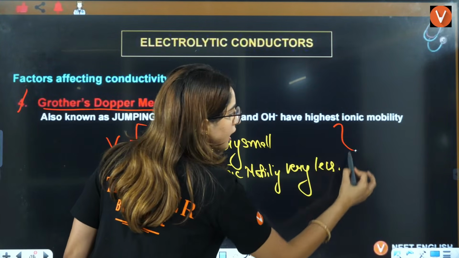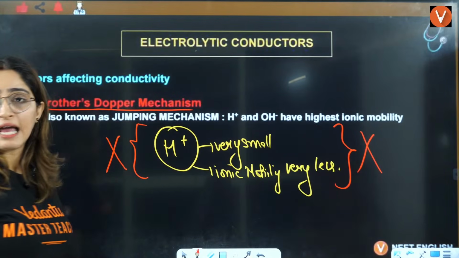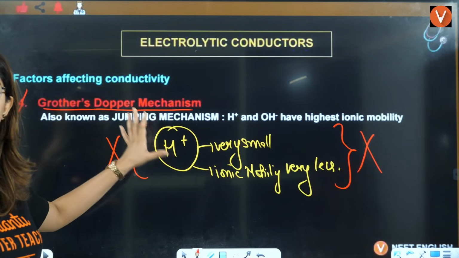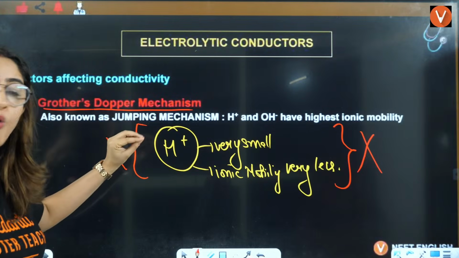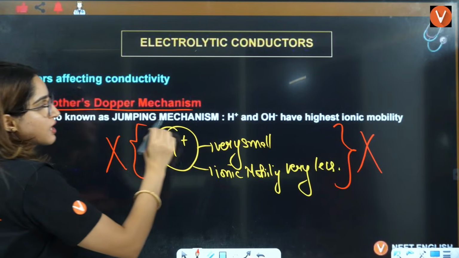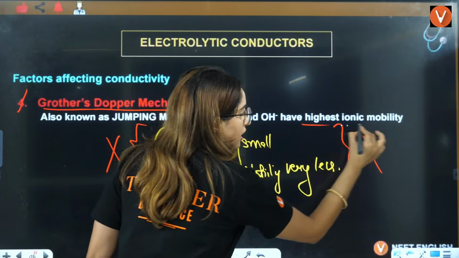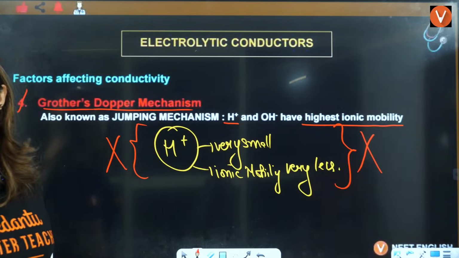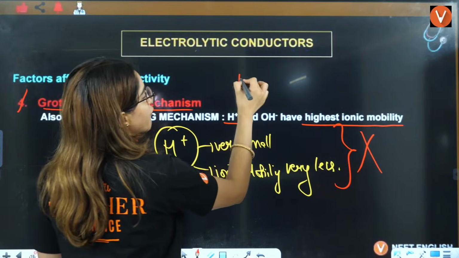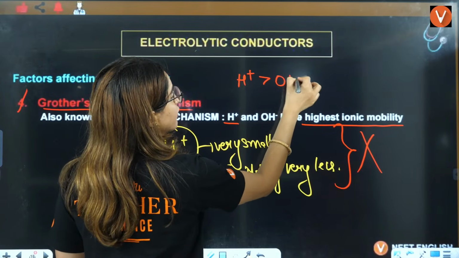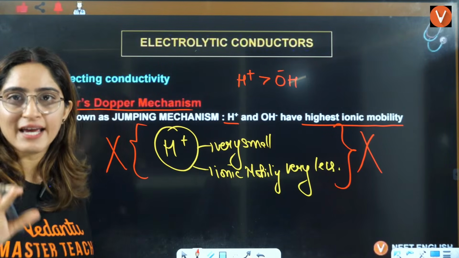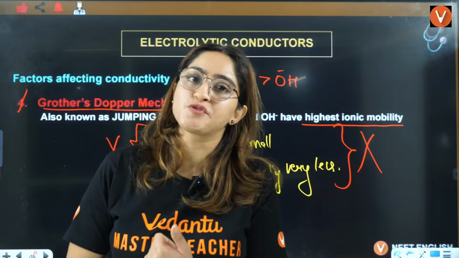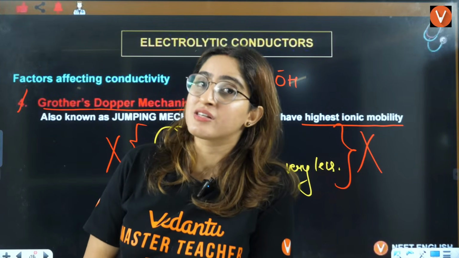This does not happen. In reality, the size of this H+ is very small, but its ionic mobility is the highest. So even out of H+ and OH-, H+ has the highest, then we have OH-. So this is against the rule that we just discussed.